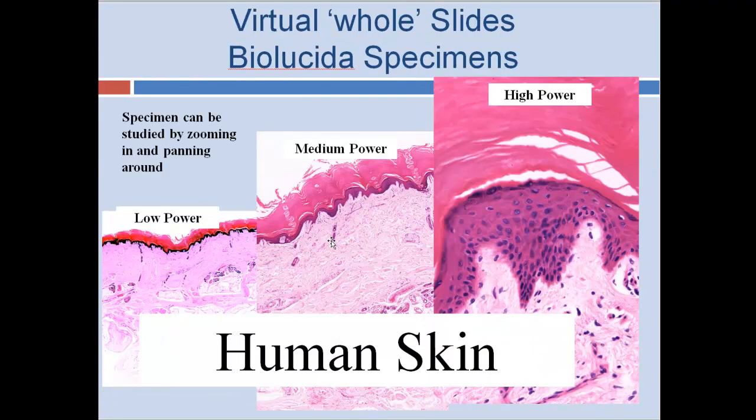But you also have the opportunity to view and study whole slides, which gives you a feeling that's very much like you're looking in a microscope. Now, I couldn't reproduce that here, but you'll soon be able to see that when you are looking at the specimens using your client BioLucidity viewer, and you're retrieving the specimens we've set up for each of the modules, and you'll be able to go from low power, medium, and high power, and not snapshots, but you can actually zoom in gradually and zoom out and pan around.